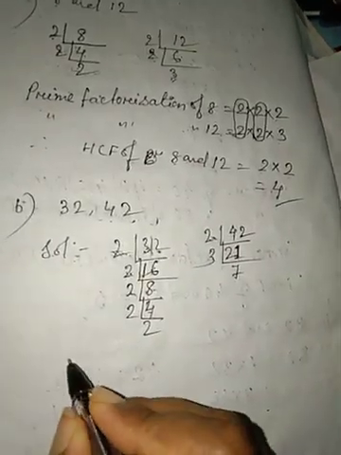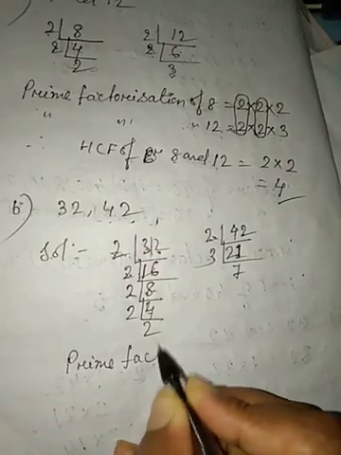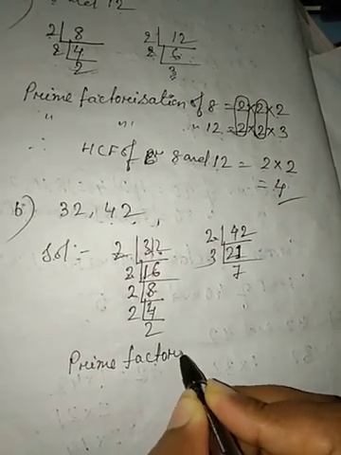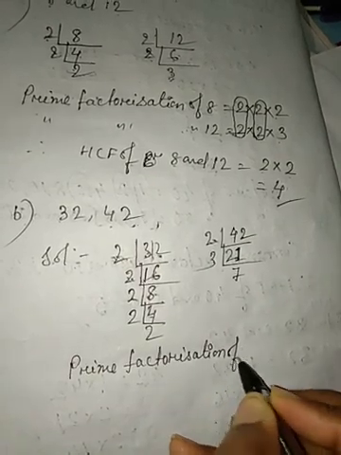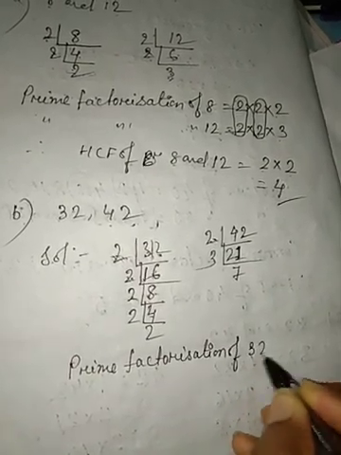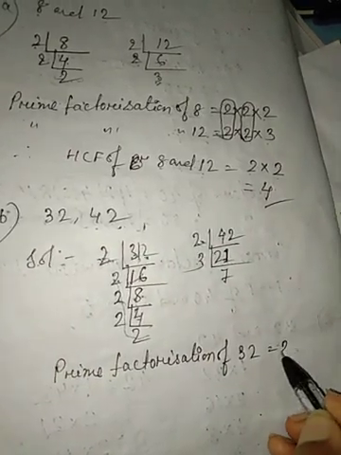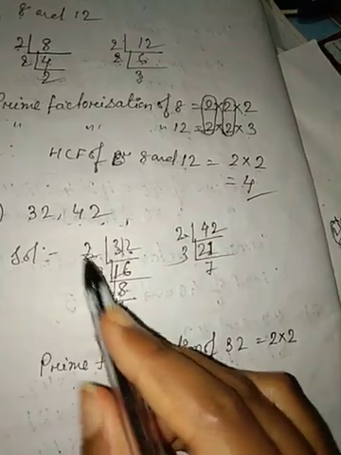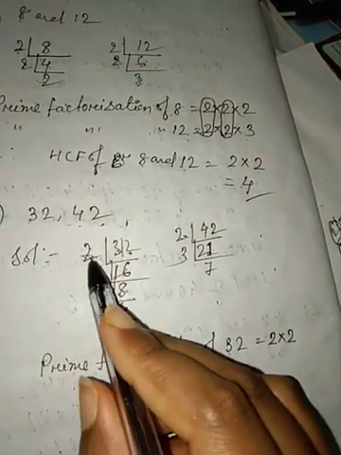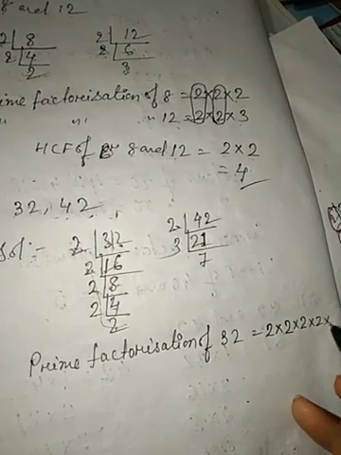Now I write the prime factorization of 32. I write these factors in multiplied form: 2 into 2 into 2 into 2 into 2.